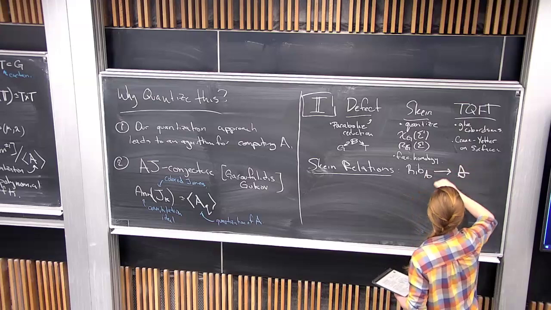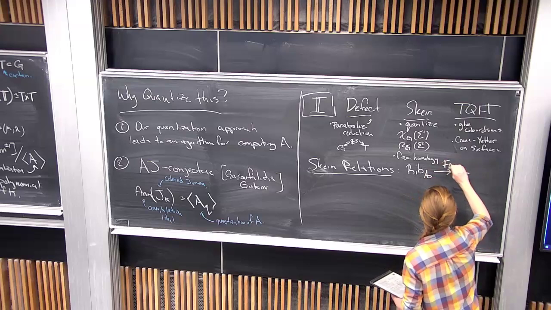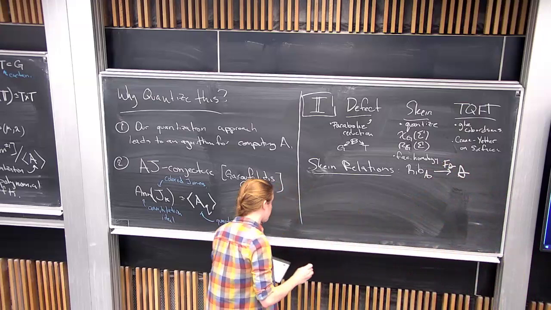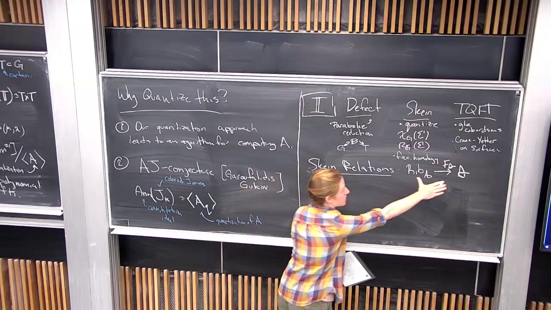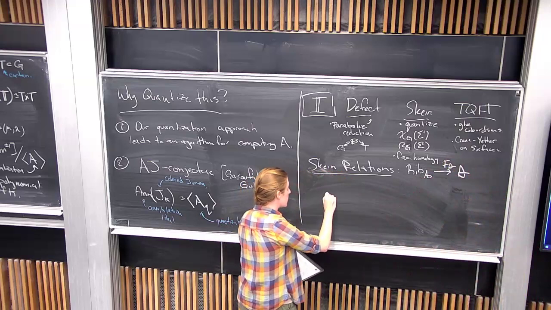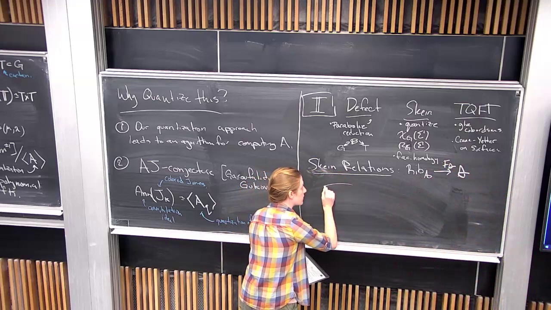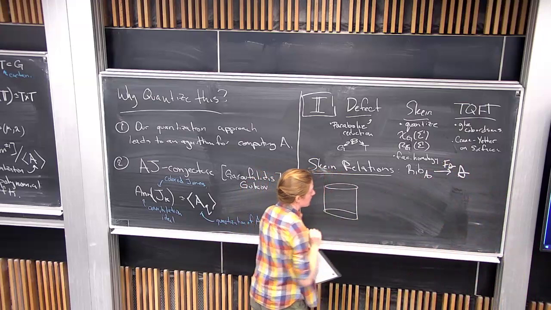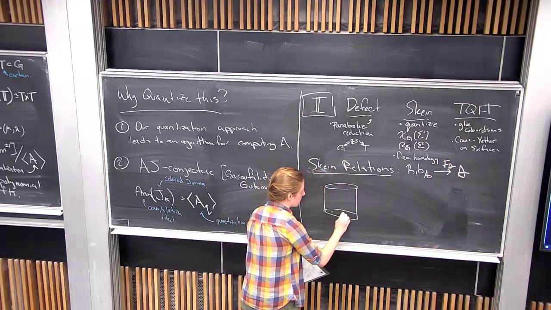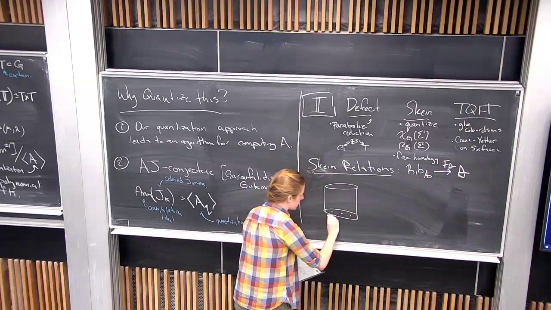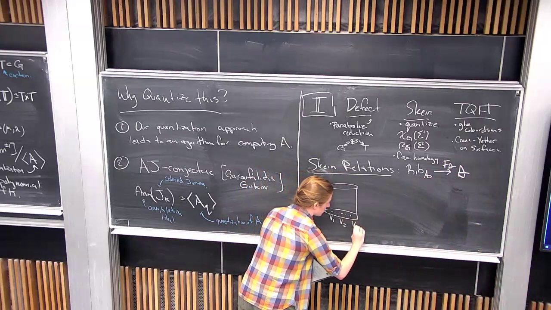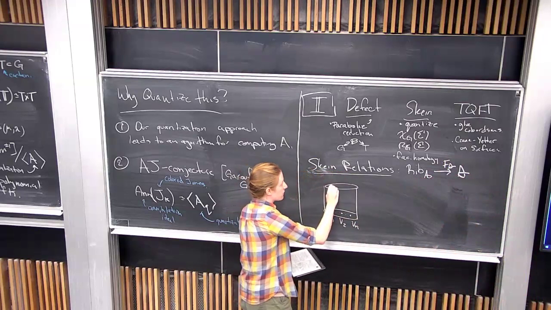I'll have some evaluation functor, I'll call this F sub A. And what is this going to look like for us? This is called the Reshetikhin-Turaev functor. On this side, my objects are going to be sets of configurations of colored points on some disk.